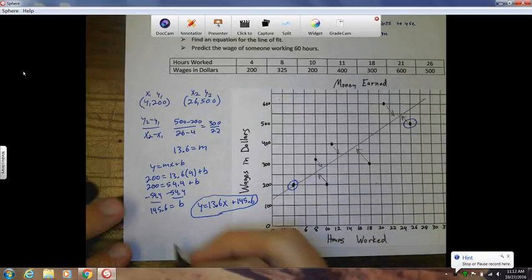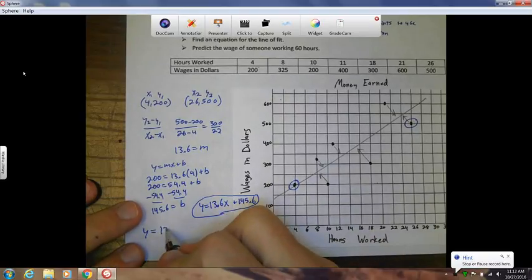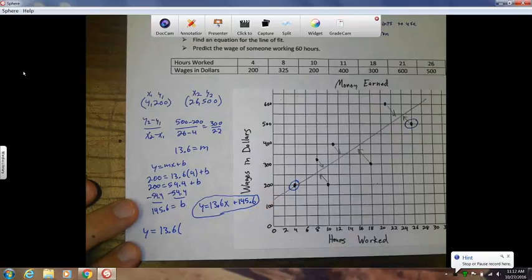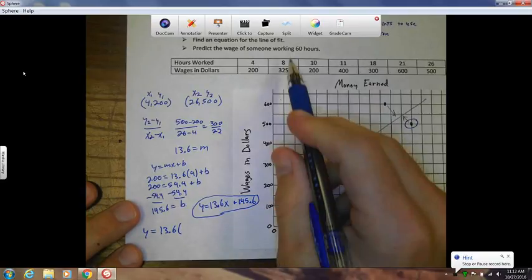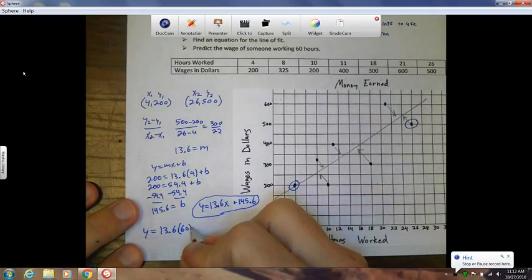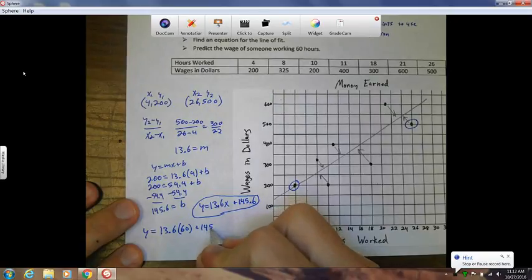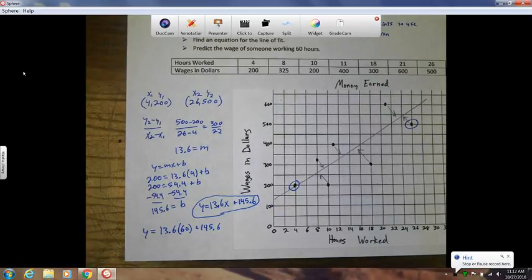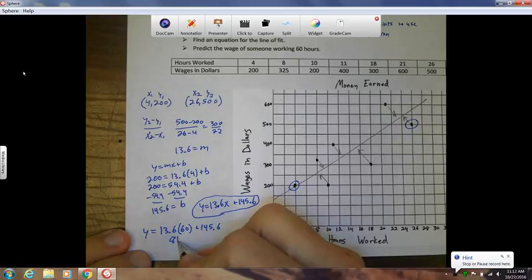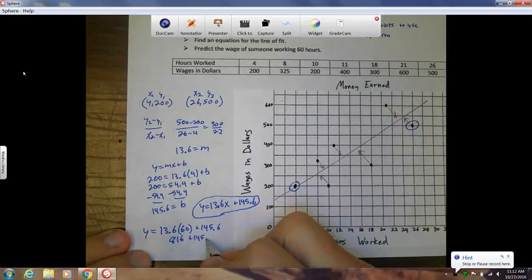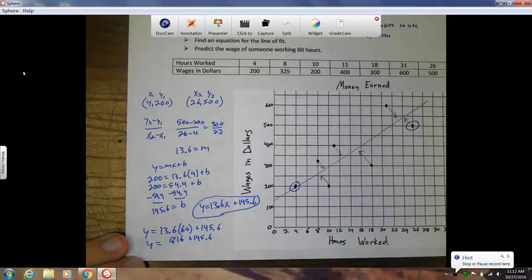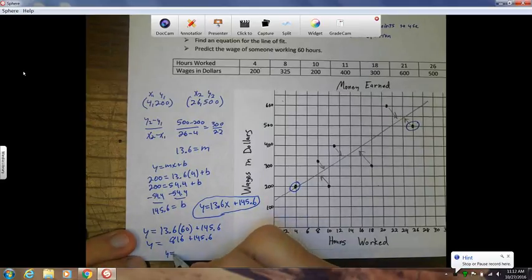So it's 816 plus 145.6. And that's dollars. Okay, so remember, this is how you predict. Since y is wages in dollars and x is hours worked, if I know one of them, I can use the formula to find the other one.